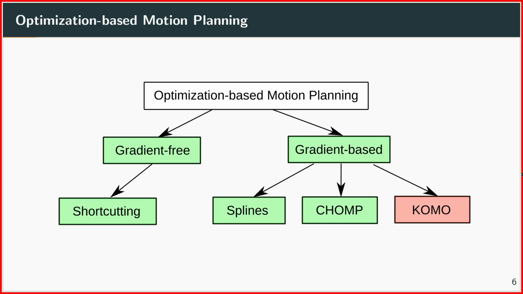I also wanted to mention COMO. This is a framework which Marc Toussaint has developed, which is also a super powerful framework for optimization. But today we will only look at those three: shortcutting, splines, and jump.